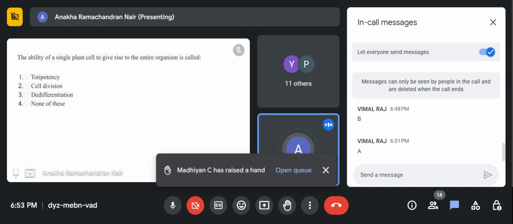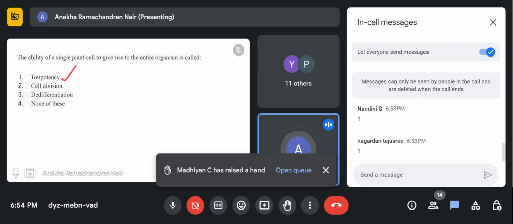The next question is: the ability of a single plant cell to give rise to the entire organism is called. There are four options given to you. Option 1 is totipotency, option 2 is cell division, option 3 is de-differentiation, and option D is none of these. Yeah, so the correct answer is in fact totipotency.